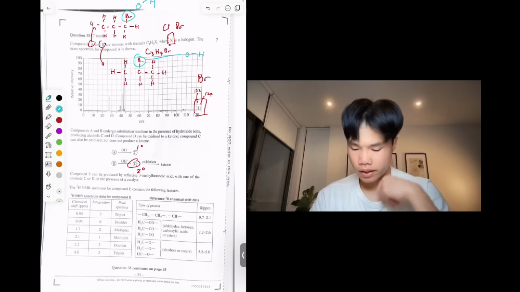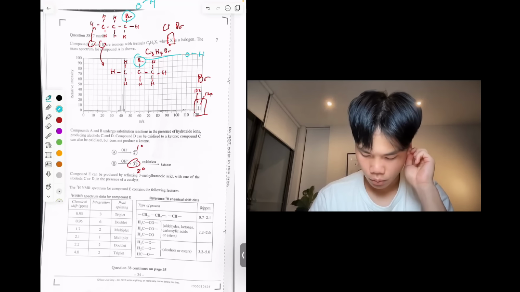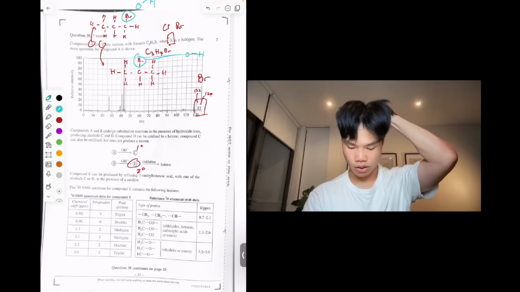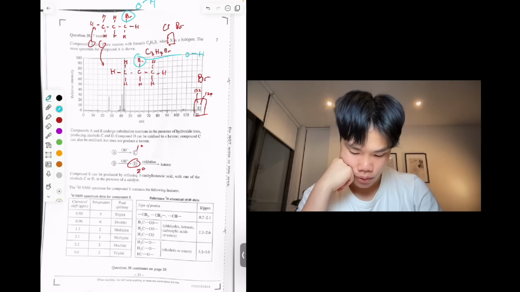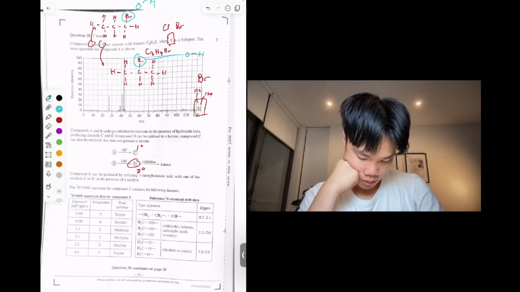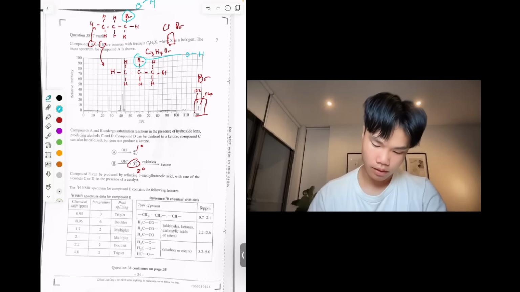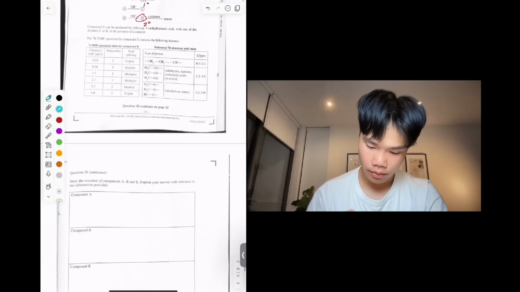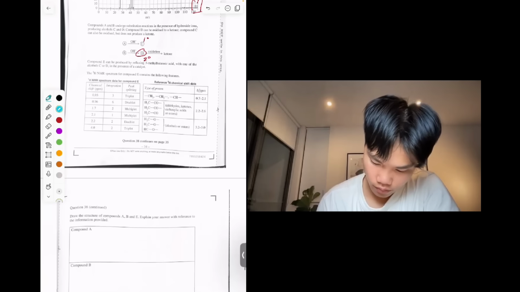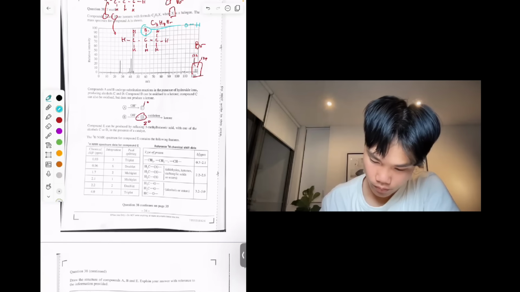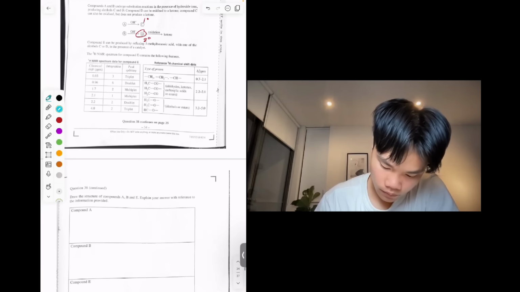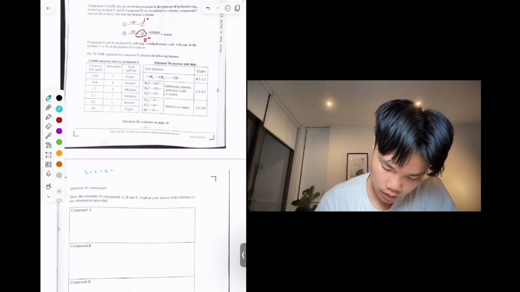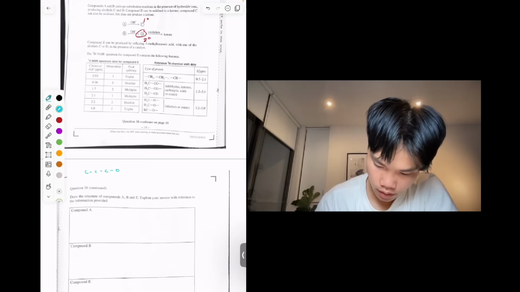Finally, for E, that can be produced by refluxing 3-methylbutanoic acid with one of the alcohols C or D in the presence of a catalyst, and to figure out whether it is C or D that you've reacted with, there are two options that you really can have. Let's just draw them out. I want to keep the data on the screen. So this is the methylbutanoic acid.